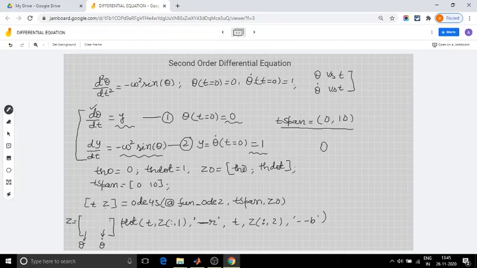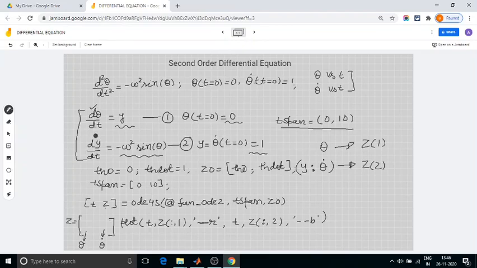So we can write theta is basically z1, and theta dot or y is z2. While writing the function, first we'll write down for this one, which is for the d theta by dt, and it is basically y. So y is what? z2.